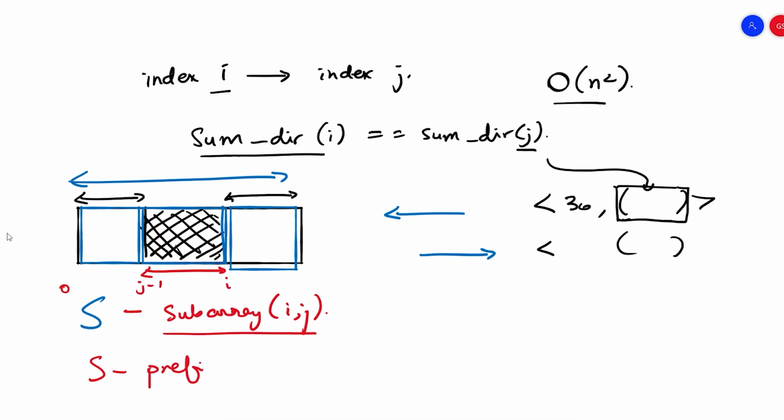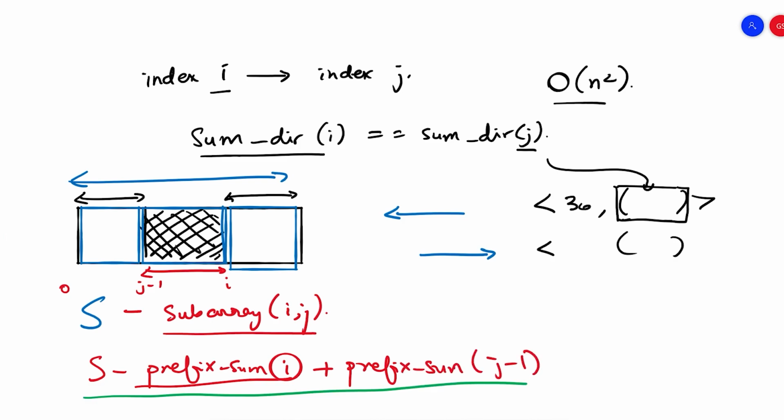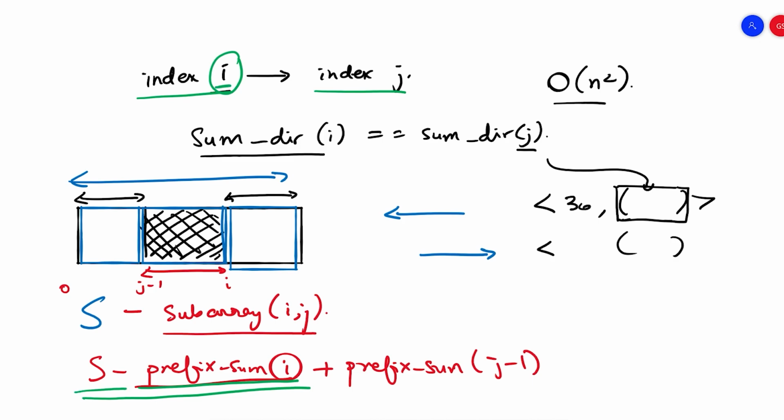So I'll just write that down for prefix sum minus 0 to I, but you also need to do a plus prefix sum from 0 to j minus 1. What does this part of the equation tell us? For every I, we are searching for corresponding j. So for every I, effectively the prefix sum up to I is constant, right? For every constant I, this entire part is constant. It's only that the prefix sum of j minus 1 is changing.